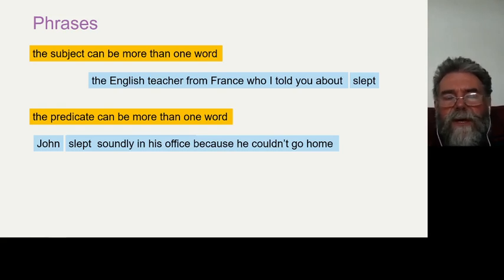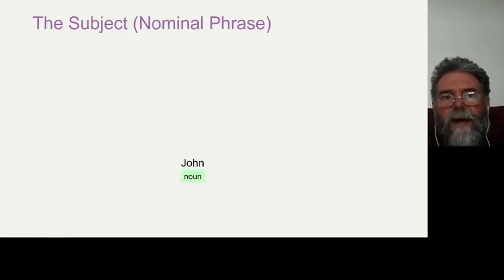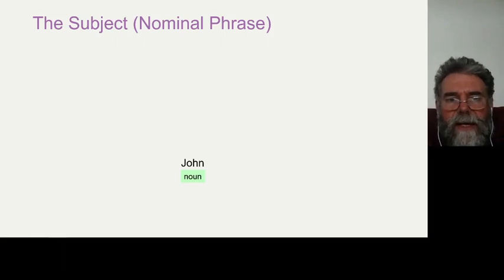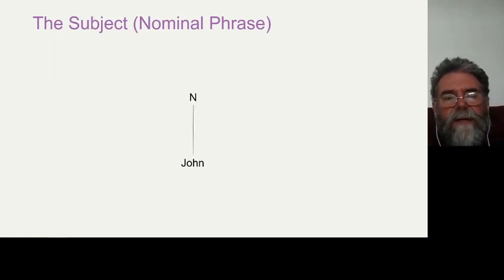So let's have a look in more detail at what these kinds of phrases can consist of. We'll start with the subject, that is the phrase which is nominal in nature. And the one thing that we know that can go in there is something like a noun, like John. Well, the way to describe this then would be to say that there is a position in the sentence which is for nouns. Let's draw that as our first step.